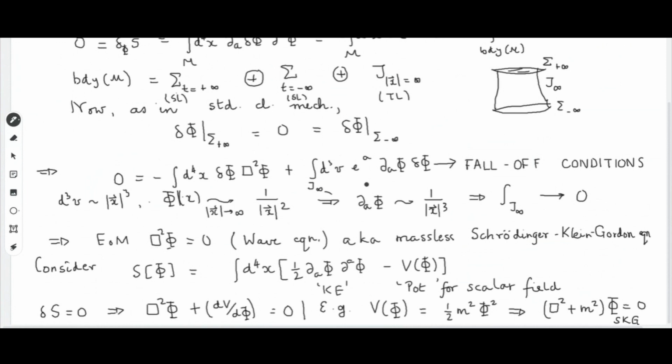Because if this boundary term vanishes, 0 equal to this, for arbitrary delta phi, for arbitrary variations of the scalar field, the equation of motion is box squared phi equal to 0. This is called the Schrödinger-Klein-Gordon equation, massless. I'll come to the property of mass in a minute, but right now we are dealing with a massless Schrödinger-Klein-Gordon. People call it Klein-Gordon.